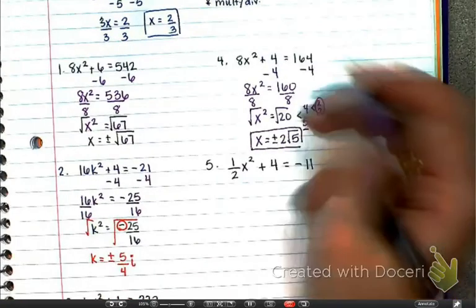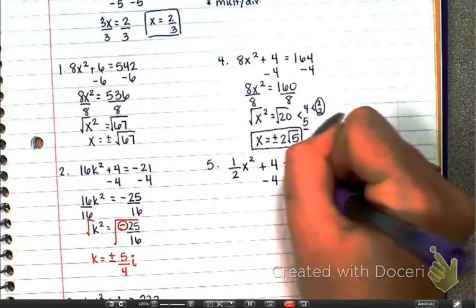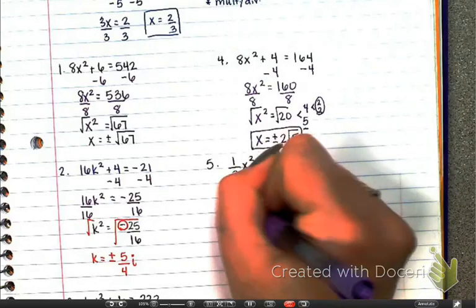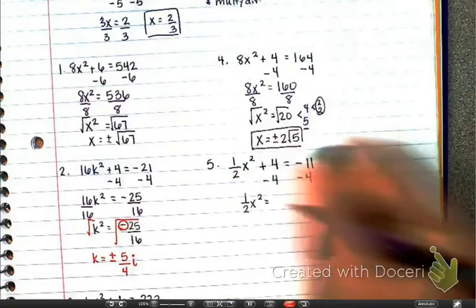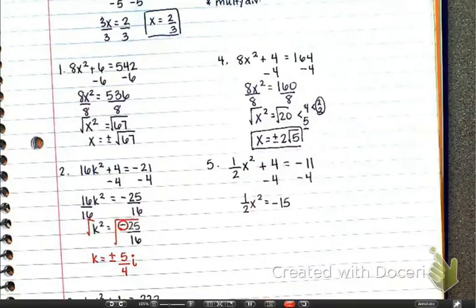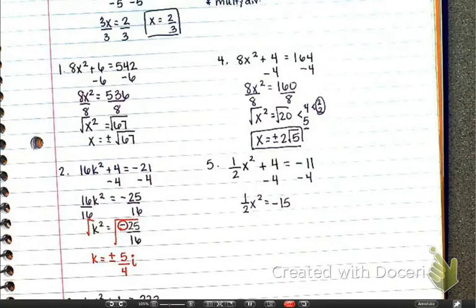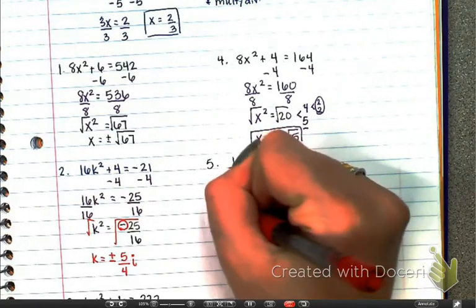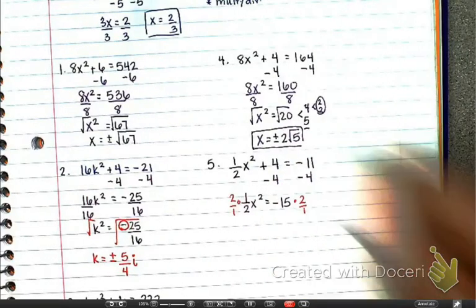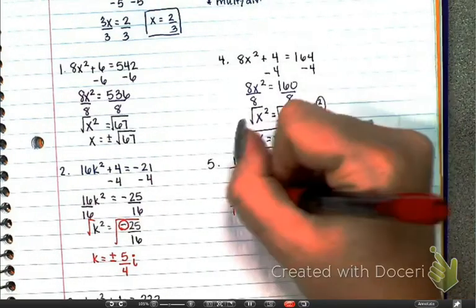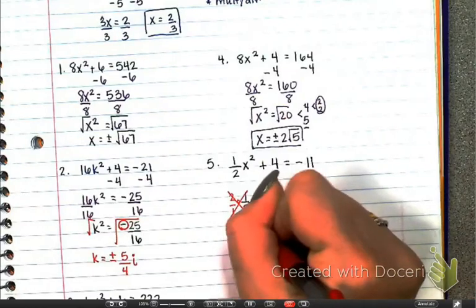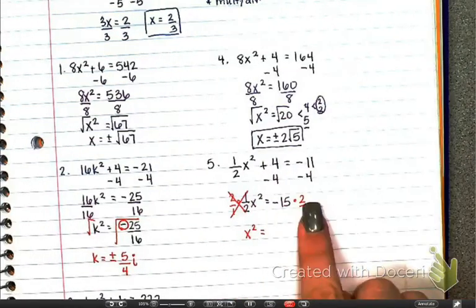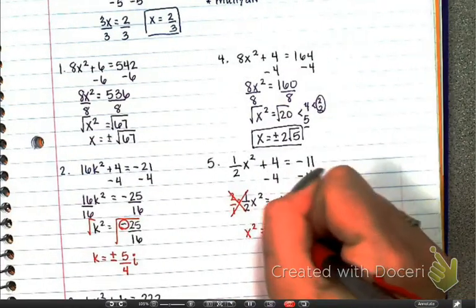Last problem, we are going to start by subtracting 4. So 1/2 x squared equals negative 15. Remember, to get rid of our fraction, we are going to multiply both sides by the reciprocal. So these ones are going to cancel, leaving me with x squared. Negative 15 times 2 is negative 30.